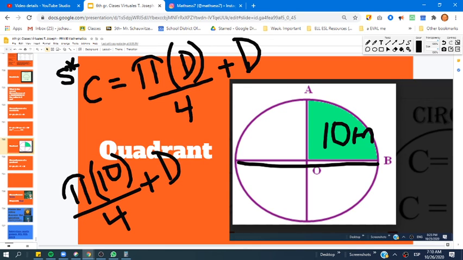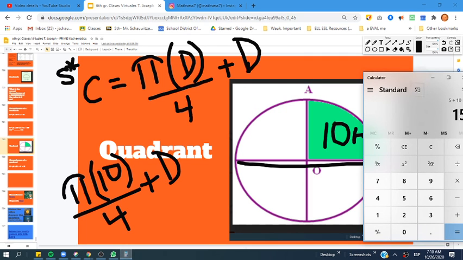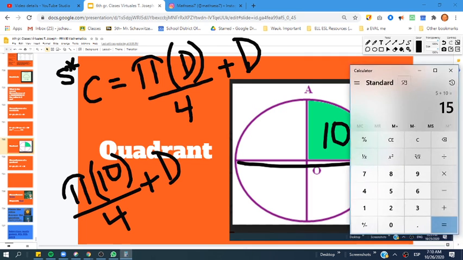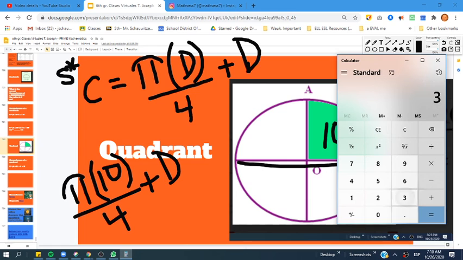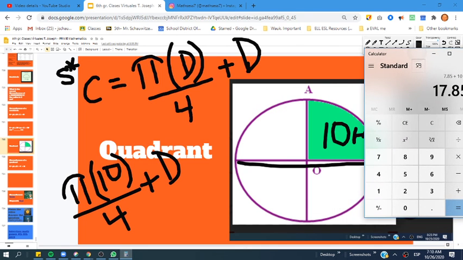So do that. We have pi 3.14 times 10 equals 31.4 divided by 4 equals 7.85. Now we're going to add our diameter one more time, which is 10, and 17.85 is going to be our circumference.